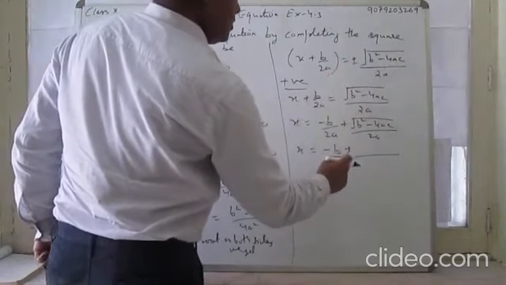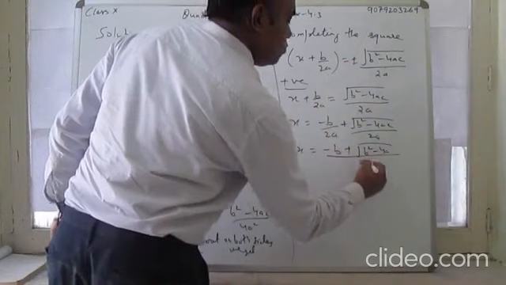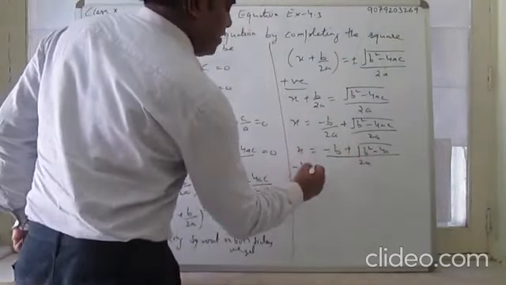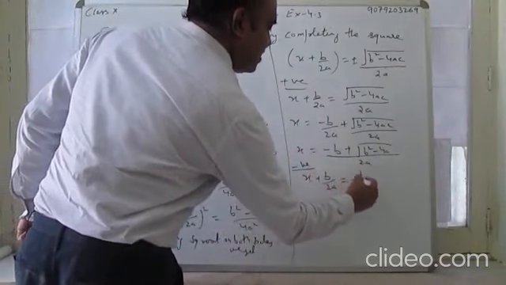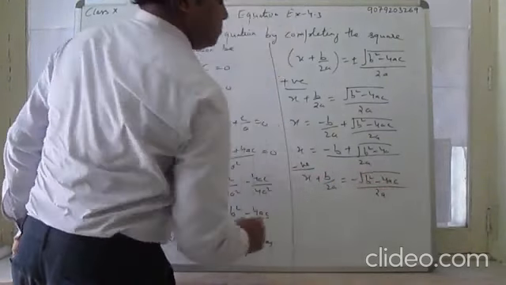If I take plus, it is plus under root b square minus 4ac upon 2a when I take the positive value. Now I will take the negative value: x plus b upon 2a equals minus under root b square minus 4ac upon 2a.